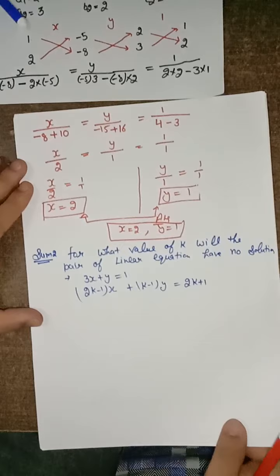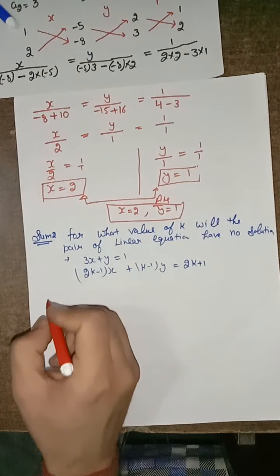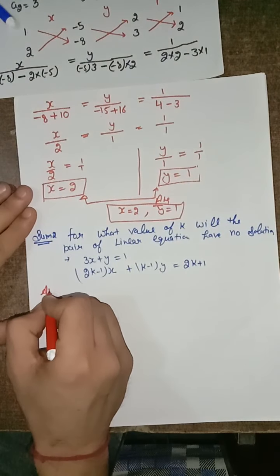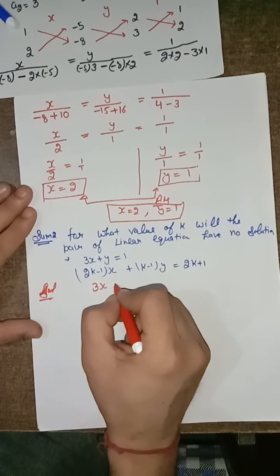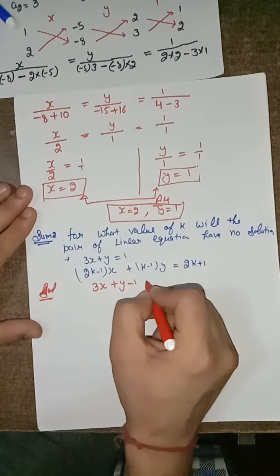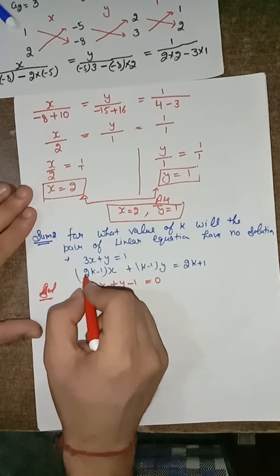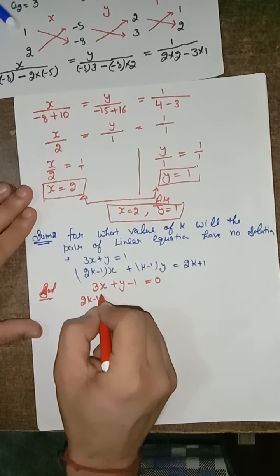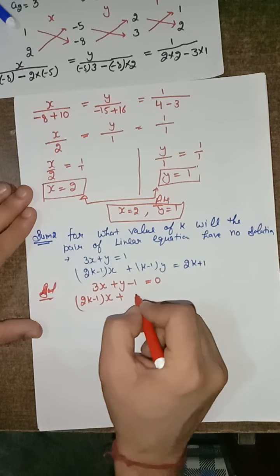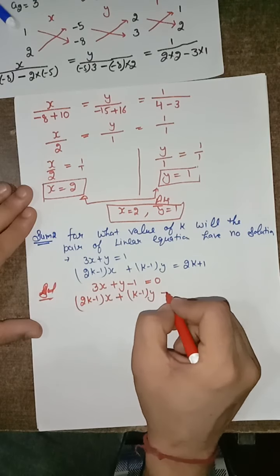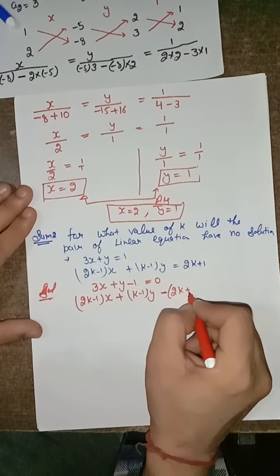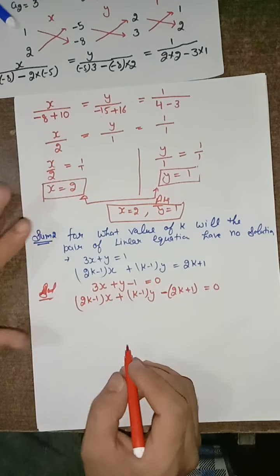Now to solve this, first write in standard form, that is 3x plus y minus 1 equals 0, and (2k minus 1) into x plus (k minus 1) into y minus (2k plus 1) equals 0.